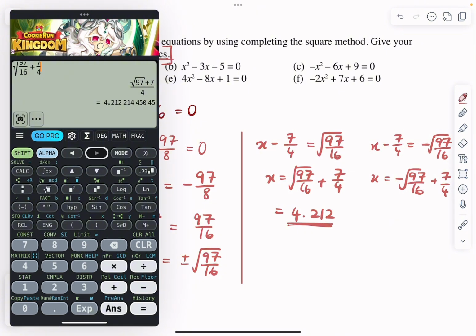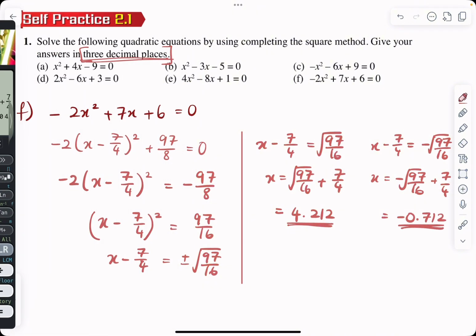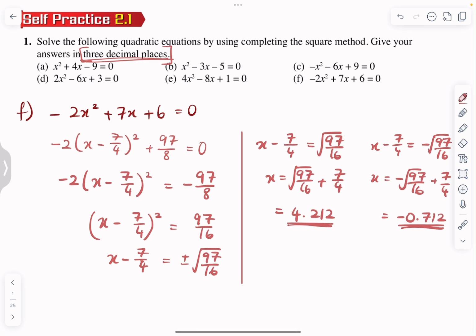Then negative of this, negative square root 97 over 16 plus 7 over 4 is negative 0.712. Correct to 3 decimal places. And that is it for this question. Quite a long question, but this is it lah, completing the square. That's it.